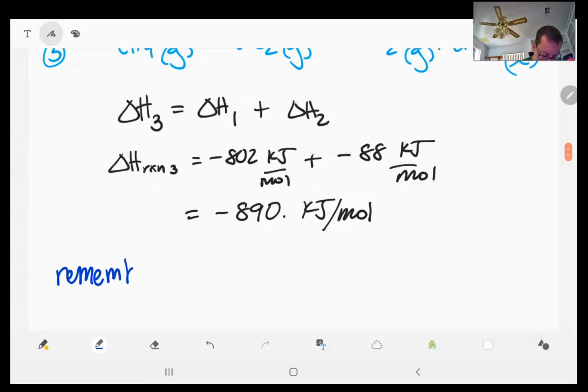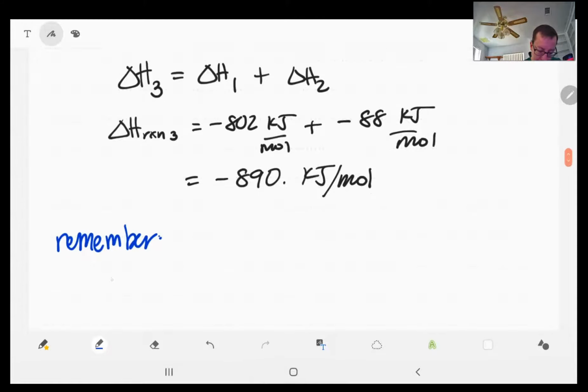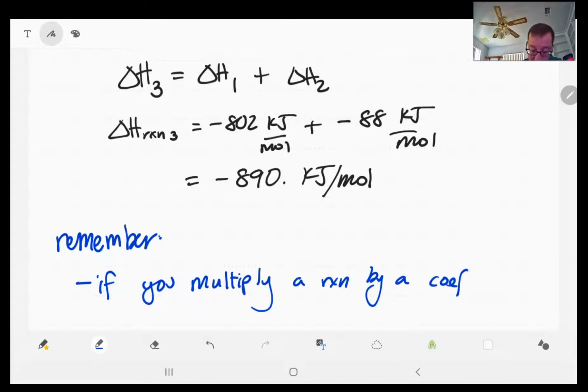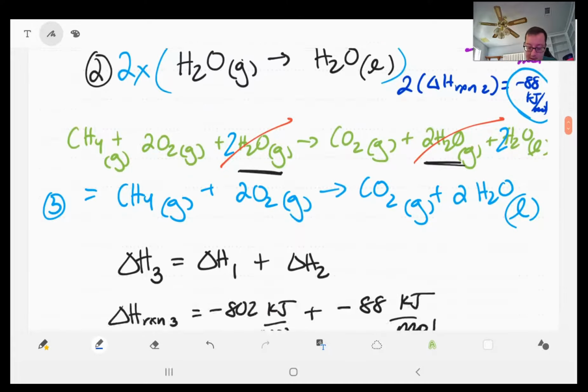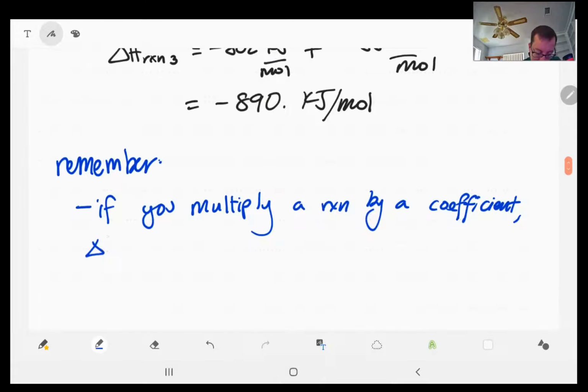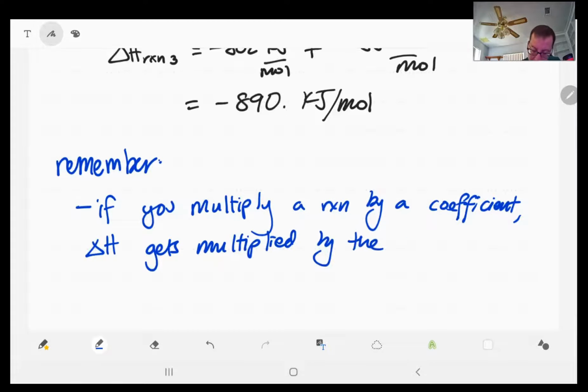Remember, if you multiply a reaction by a coefficient, so if you need to add things together that you need more of, like we needed more waters in this case, delta H gets multiplied by the same number. And we'll see some more examples like that.